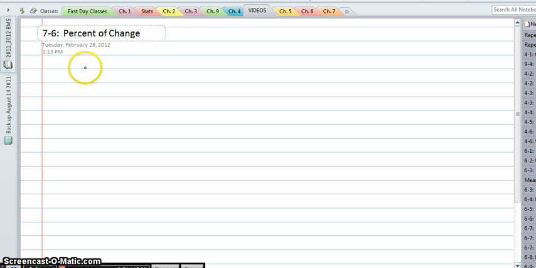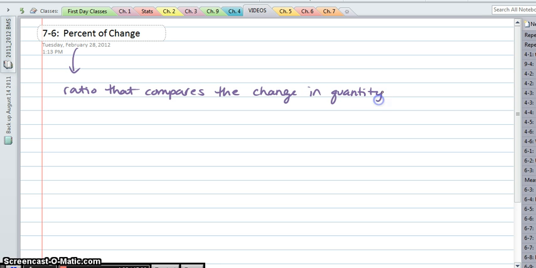So the percent of change is basically a ratio that compares the change in quantity to the original amount. What does that mean?